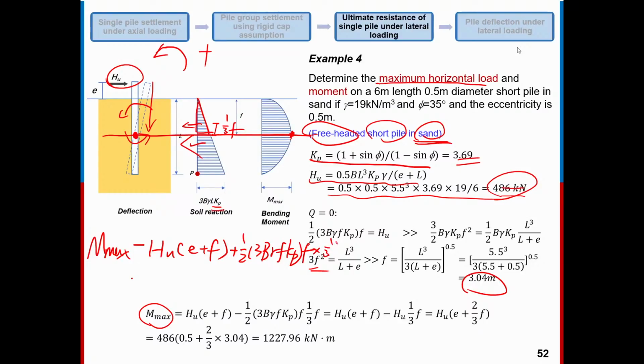Then multiply 1/3 F. This will be equal to 0, because of the equilibrium of the moment. So the M max can be written actually here, because we move these two items to the right hand side, negative become positive, positive become negative. So we can get the result for M max. This is the final result.